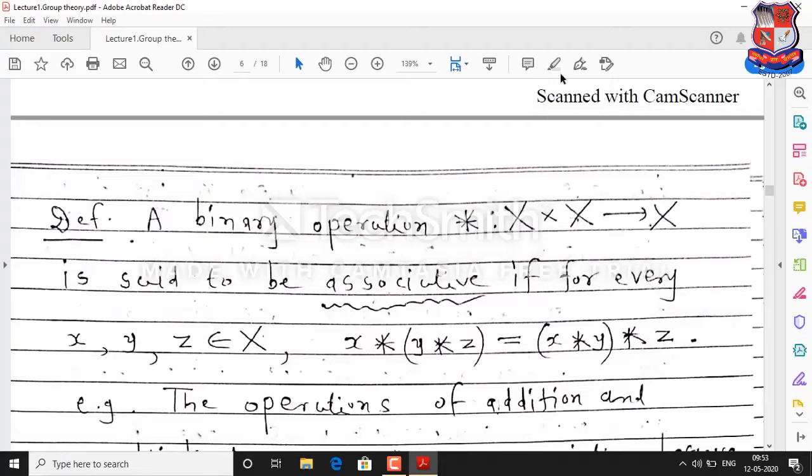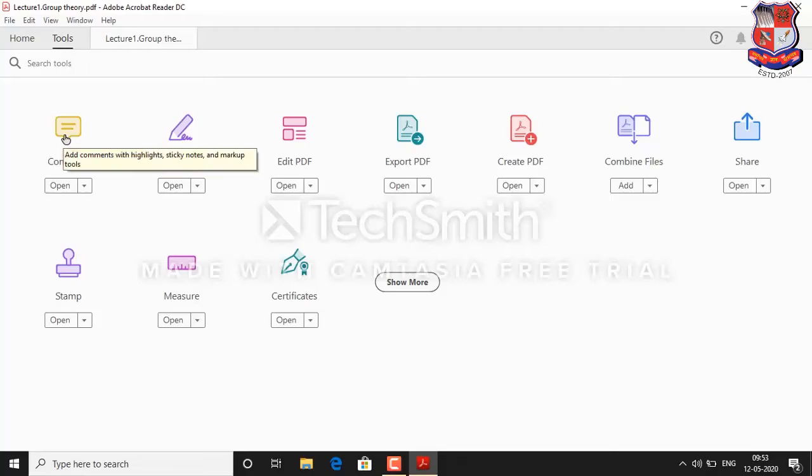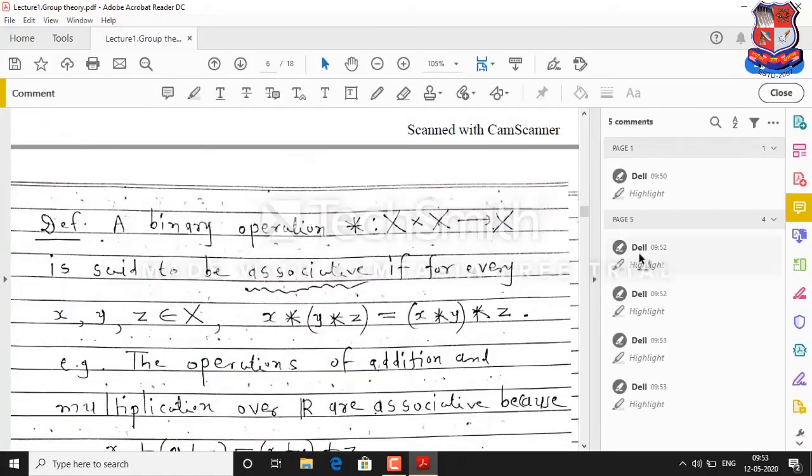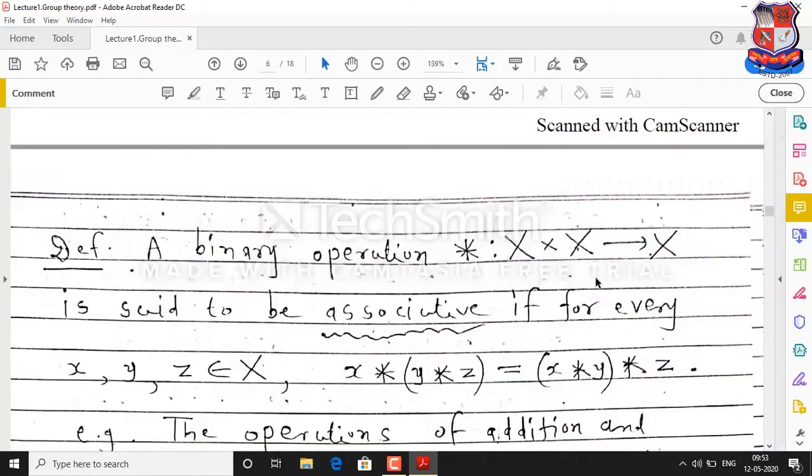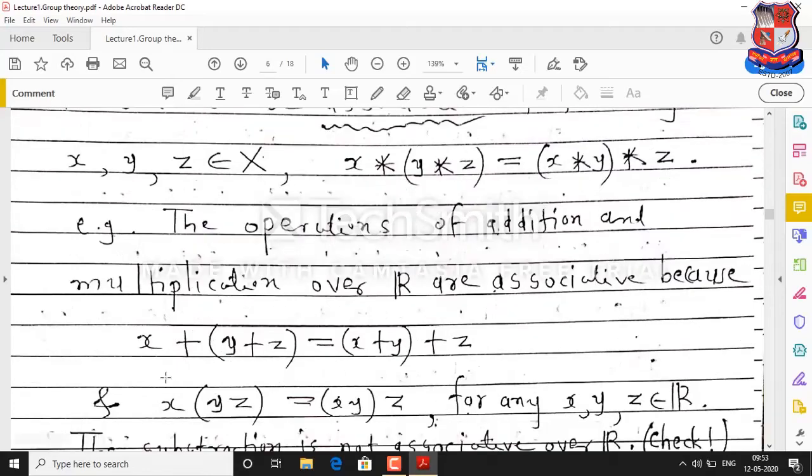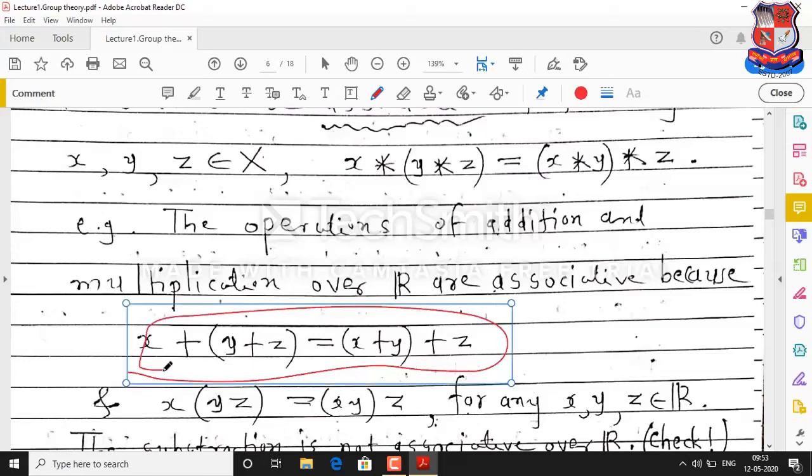The next property is the associative property. So we know that addition is associative. What is the meaning of this? This is familiar to us: x plus y plus z.